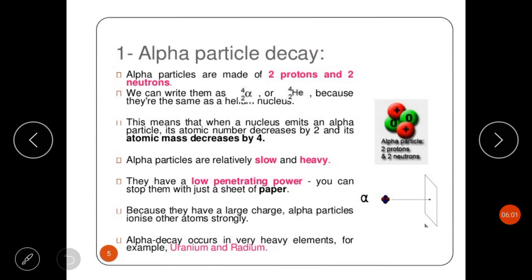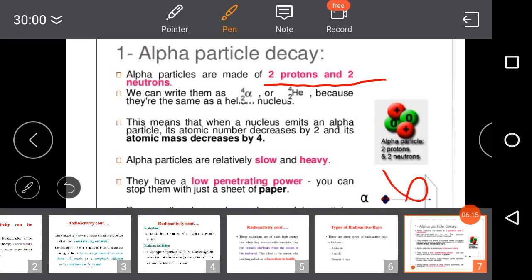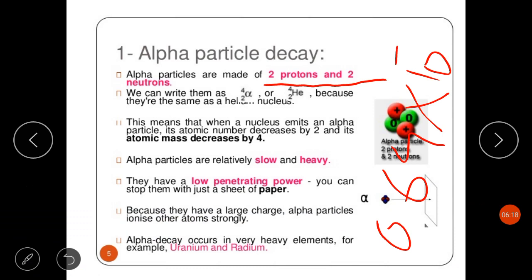First, alpha particles. An alpha particle is a helium nucleus consisting of 2 protons and 2 neutrons. It has a mass of 6.64 × 10^-27 kg, and it carries a positive charge of 3.2 × 10^-19 coulomb.